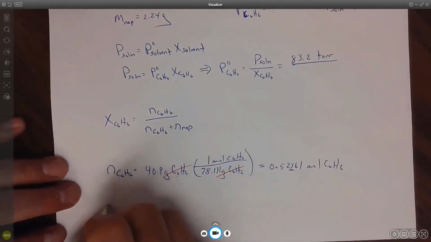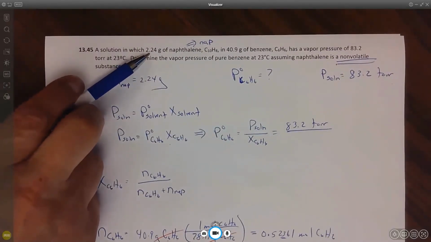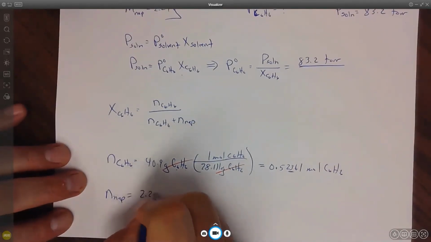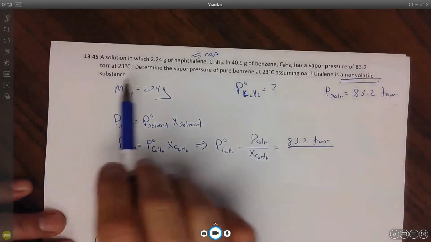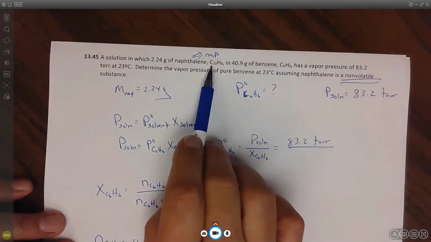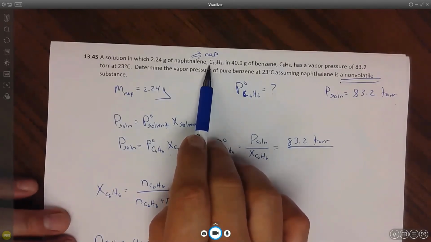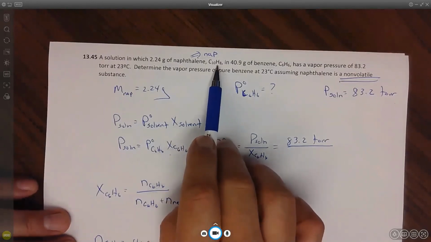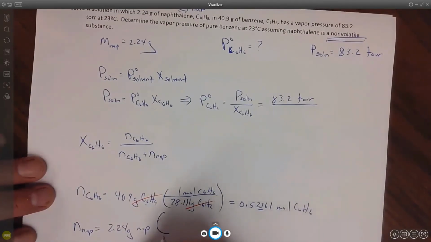And then the moles of naphthalene, we're going to do the same thing. They gave us the mass of naphthalene, which is 2.24 grams. Naphthalene has the formula C10H8, so that's 12.0107 grams per mole times 10 plus 8 times the 1.00794 grams for the hydrogen, giving you a molar mass of 128.17 grams of naphthalene for every 1 mole of naphthalene.